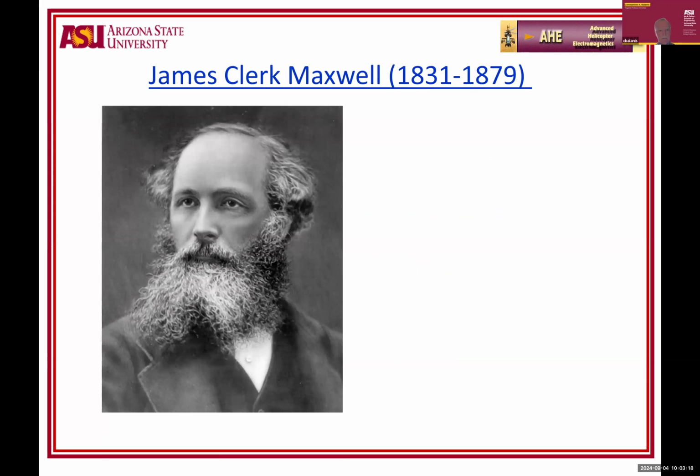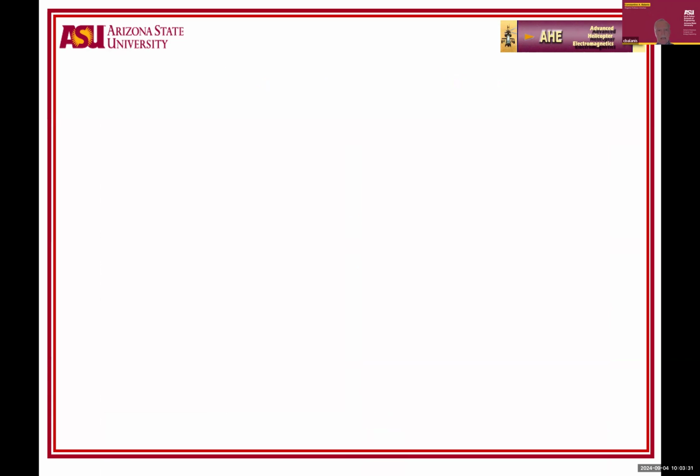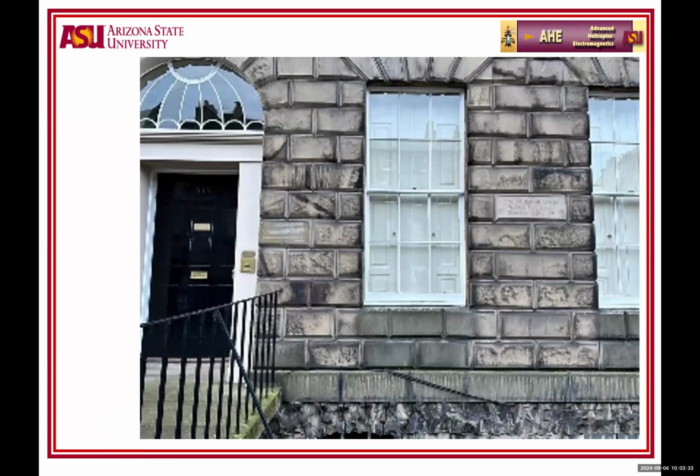Maxwell was born in 1831 and passed away in 1879. He did not live very long. This is his statue in Scotland, and one of our graduate students from ASU happened to visit Scotland and went to see where Maxwell used to live.